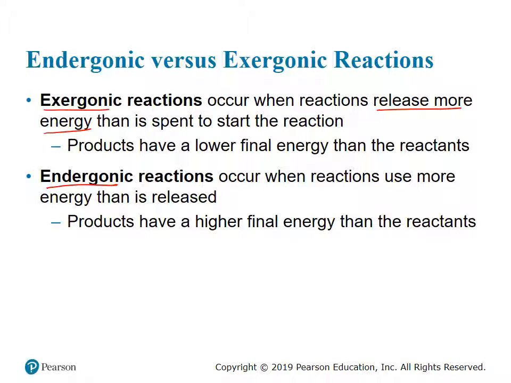So that means when a reaction occurs, energy is given off. We can measure the energy. It's given off. In an endergonic reaction, that means that the reaction uses more energy than it releases. So we have to put in energy, and a lot of it, more than when it releases. We have to invest more energy.